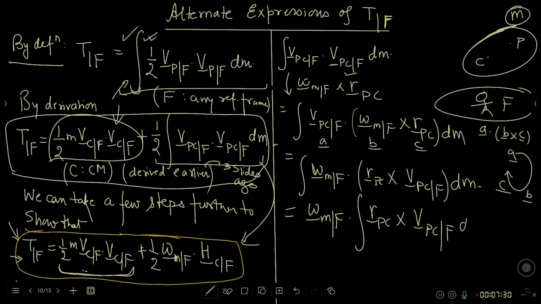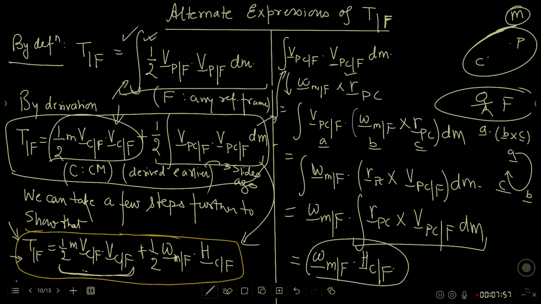What do we get? This thing, a familiar term, nothing but HCF. So I have been working on this term, right? And I have shown that that equals omega MF dot HCF. So you replace this thing by omega MF dot HCF and you get this. Alright.